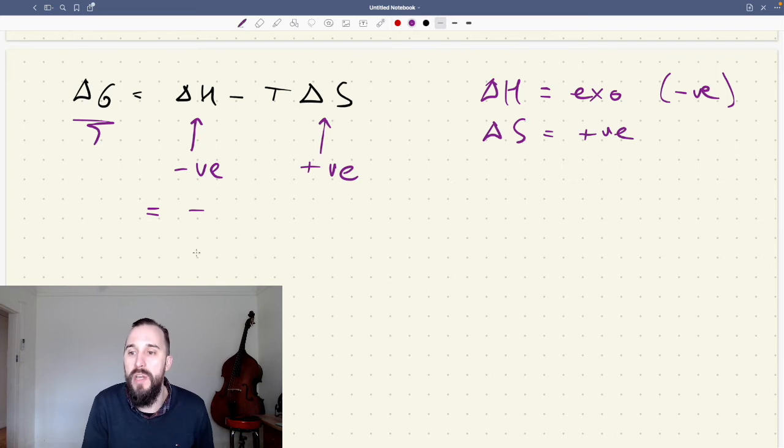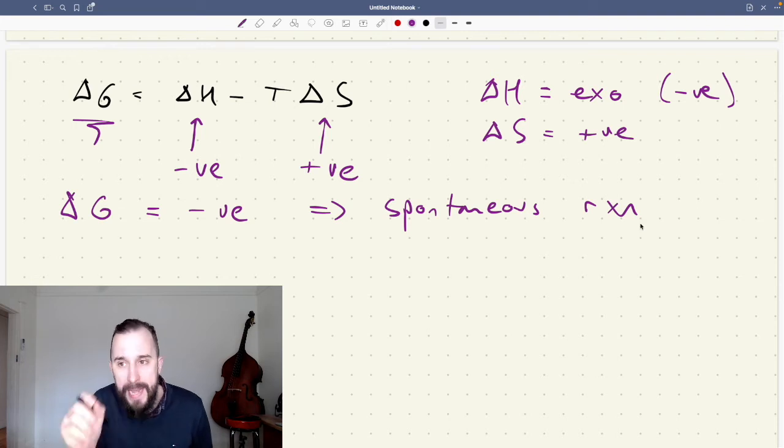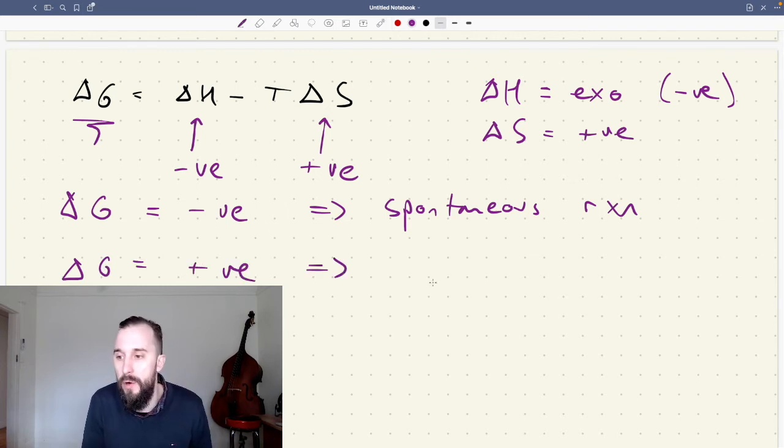We're always going to end up with a negative delta G in a spontaneous reaction. So our value of delta G being negative means it's going to be spontaneous. And conversely, if our delta G is a positive value, and we'll talk about this a little bit more in just a moment as well, we're going to end up with a non-spontaneous reaction.